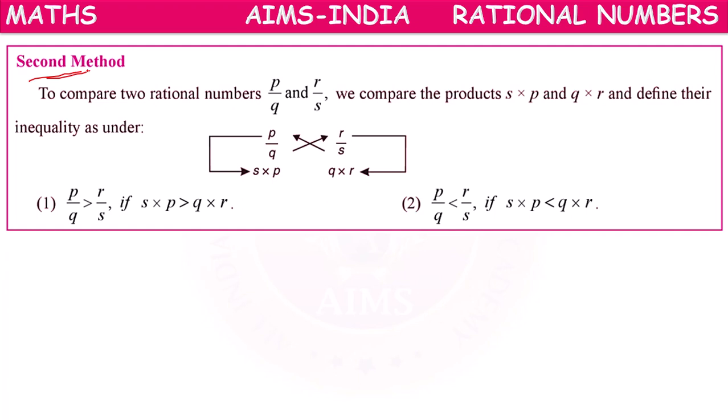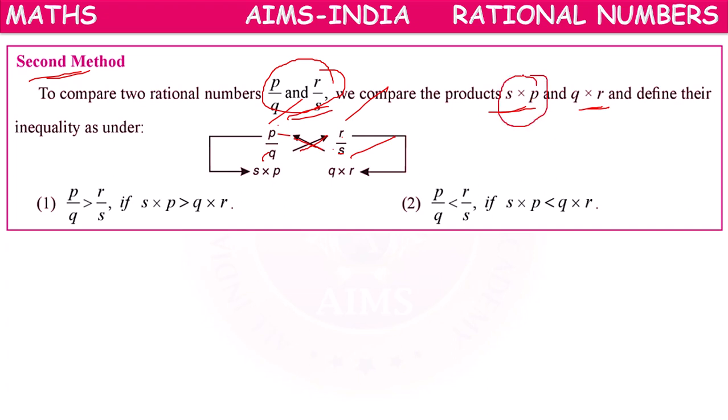Next, second method. To compare two rational numbers, we have one more method, cross multiplication. Let's multiply the first numerator with the second denominator, and the second numerator with the first denominator, and we have to compare the products.